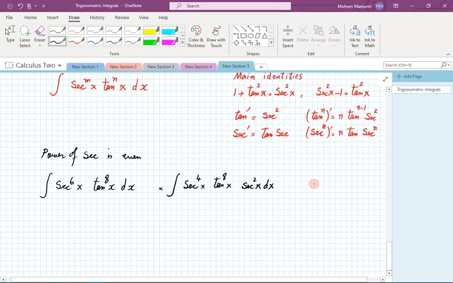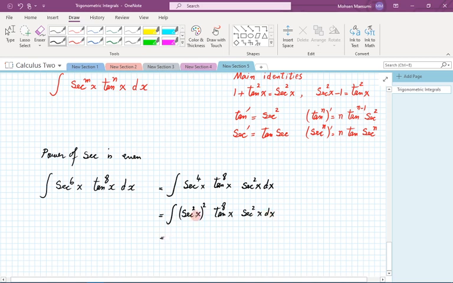Now, the secant to the power of 4, due to the fact that the exponent is still even, we can write as the square of secant squared of x. The rest we just carry through. Now what?